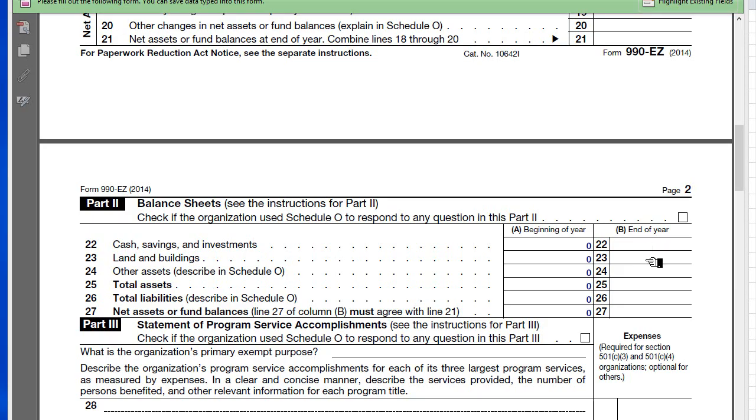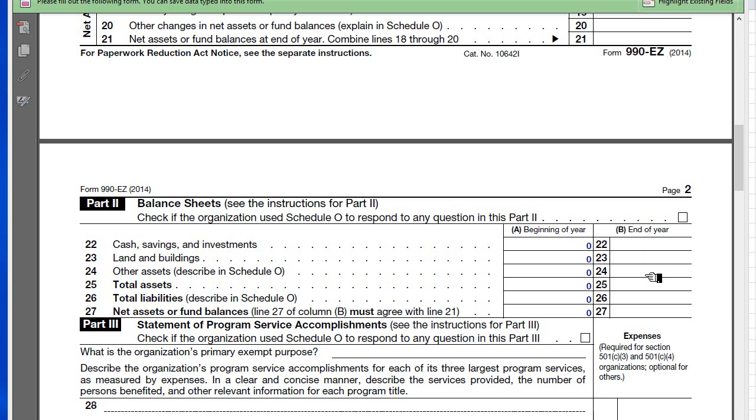Line 23, land and buildings. Well, that's what it says, land and buildings, and most organizations that are filing Form 990-EZ are probably not going to have anything on this line. Other assets, well, that's going to be pretty much any other kind of asset you have other than land and building.